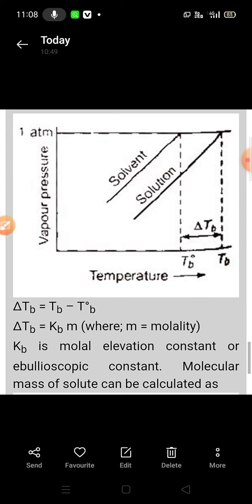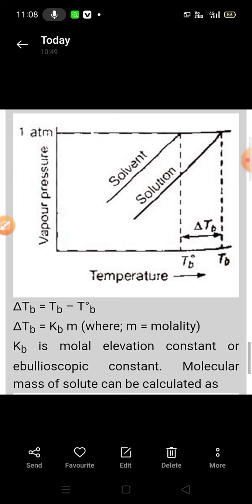The first is the solvent and the second one is the solution, and we find that the vapor pressure of the solvent is more than that of the solution. But in case of the solution the boiling point will increase because a non-volatile solute is added in the solution.